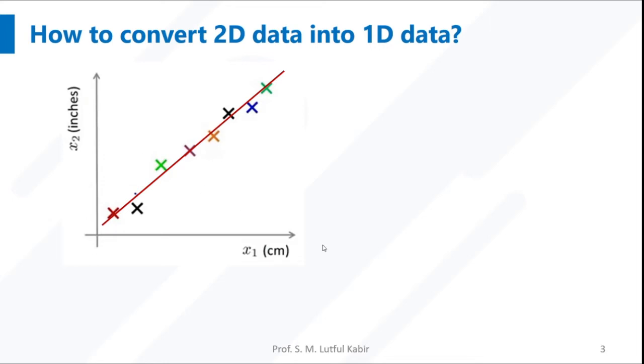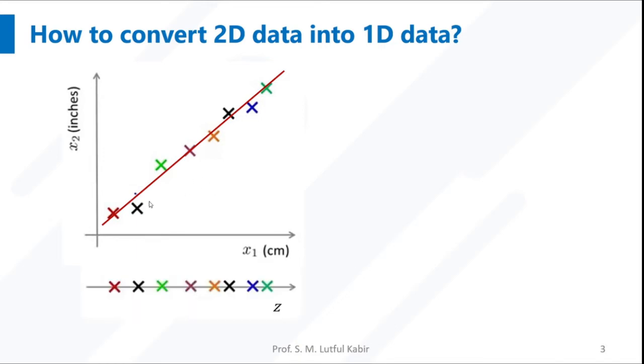Although they are related by a single constant, which is 2.54, because of the rounding error x1 may be rounded to the centimeter. You have removed the decimal part of the centimeter, and x2 is also rounded to the complete inch. We have removed the decimal, so the point may lie in a different position because of this rounding error.